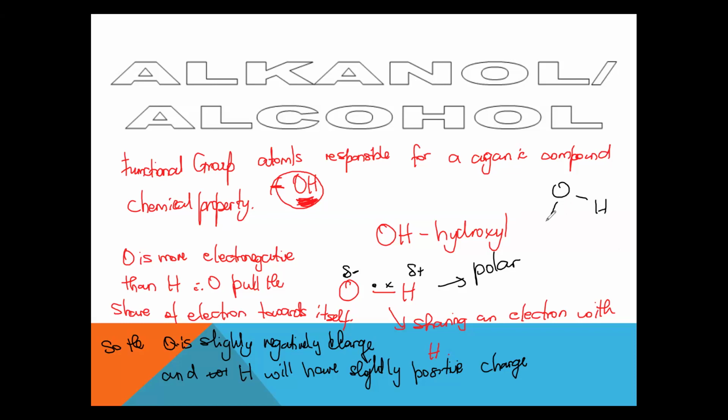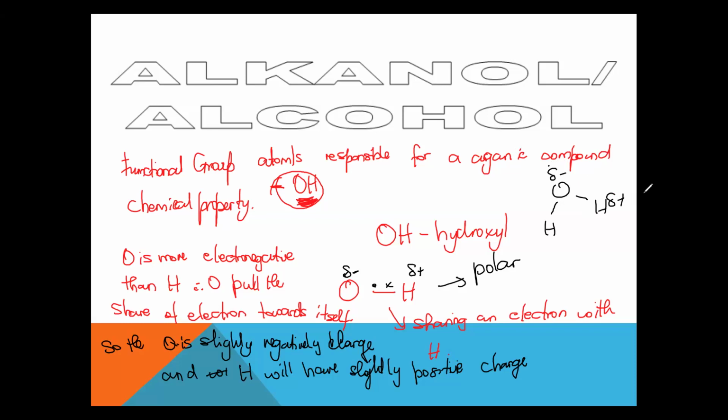This is a water molecule. What's going to happen in water? Somebody tell me what's happening in water. Same exact explanation. Nobody? Don't be shy. Oxygen is more electronegative than the hydrogen. So oxygen is going to pull the electron away from hydrogen, leaving the oxygen slightly negative and the hydrogen slightly positive.